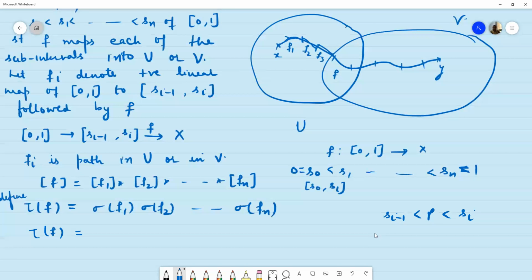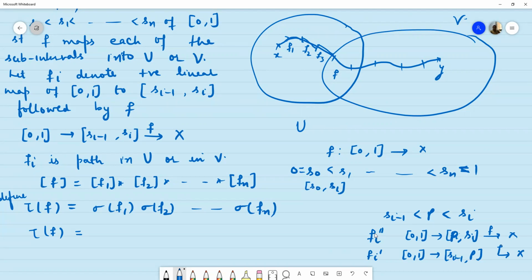Suppose now fi'' and fi' are mappings: fi'' is the positive linear map of [0, 1] to [p, si] followed by f, and similarly fi' is the positive linear map from [0, 1] to [si-1, p] followed by f.